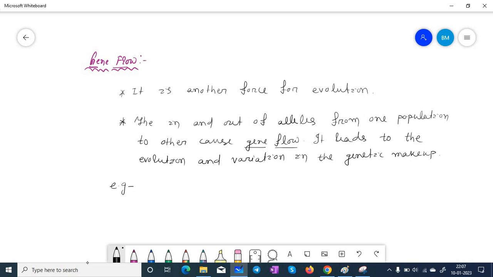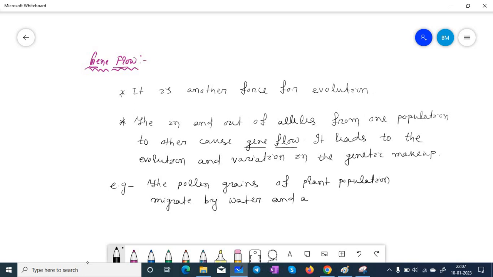One is pollen grains of a plant population migrate by water and air into a new population in a new geographical area.